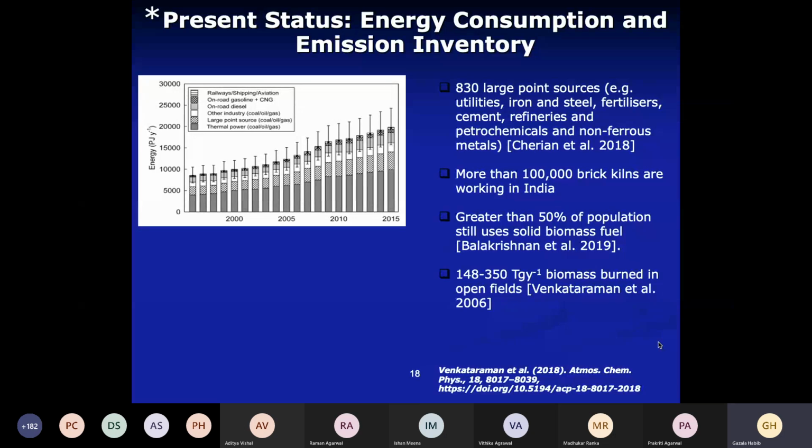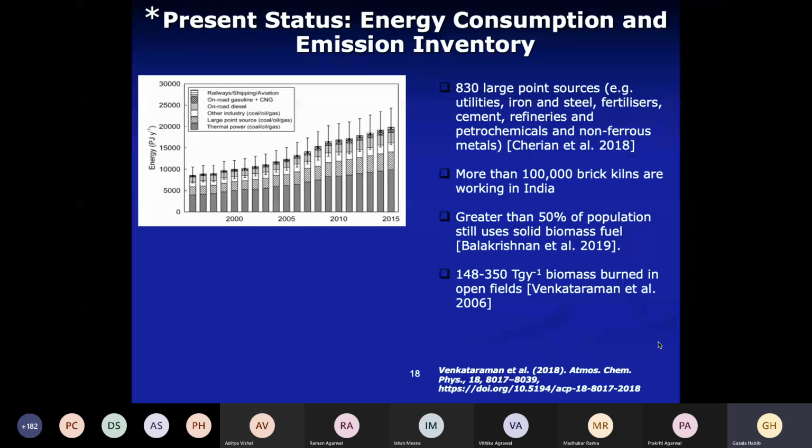So here on the left hand side is the petajoule energy use or consumption in India in different sectors, and among that you can clearly see on-road diesel is one of the largest consumers of energy.